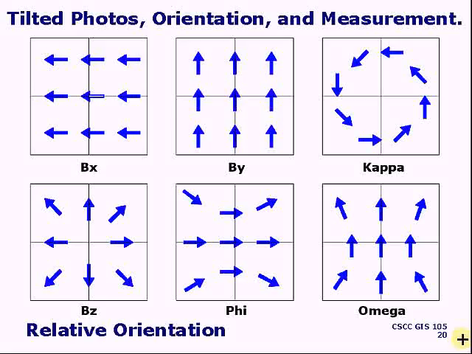So if I lay the left photo down and want to lay the right photo on top of it and have it line up perfectly, then I'm going to have to shift it in X, shift it in Y. There may also be some rotation. This is called kappa, and as we rotate around the optical axis, you can see the distortions that are caused there at the top of the photo. The distortions are similar to an X shift at the bottom of the photo.